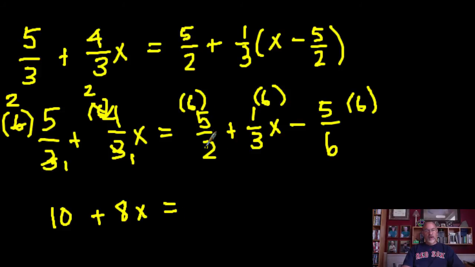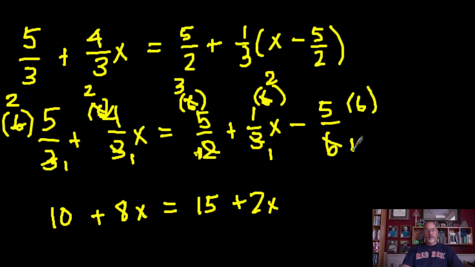This next fraction, the 2 is divisible by 2, the 6 is divisible by 2, leaving me 3 times 5, which is 15. 3 is divisible by 3, the 6 is divisible by 3, leaving me 2 times 1, which is 2x. The 6 is divisible by 6, and this is divisible by 6, leaving me 1 times 5, which is 5.